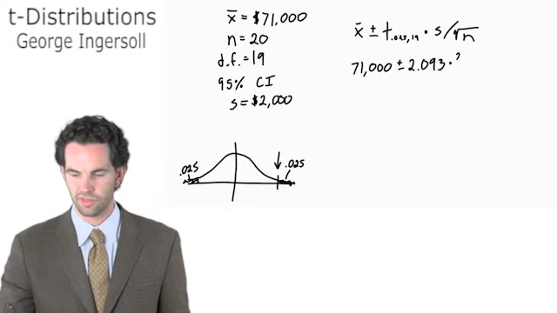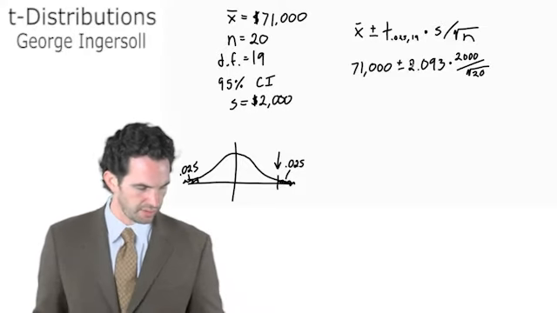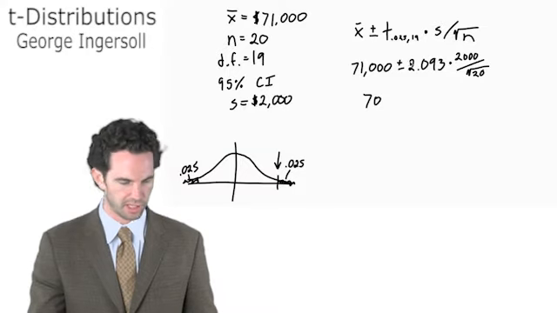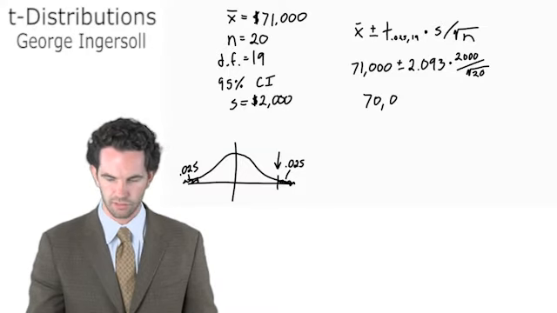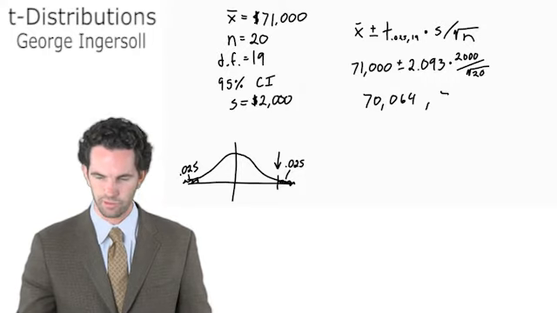Times the standard deviation from our sample, which was 2,000, divided by the square root of 20. And this gives us a range between 70,064 and 71,936.